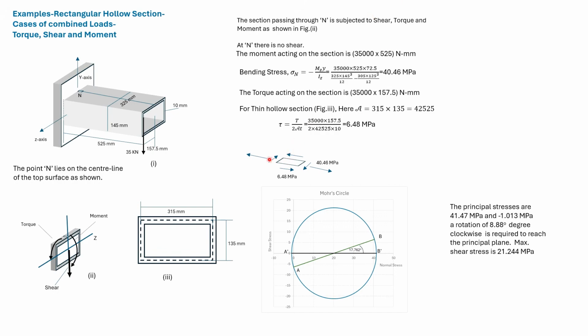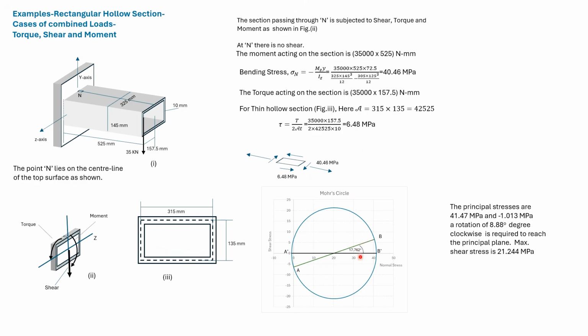For an element at N, these are the stresses acting. We plot this right hand face as A in the Mohr's circle and the stresses acting on this top face as B. Then join AB and form the Mohr's circle.